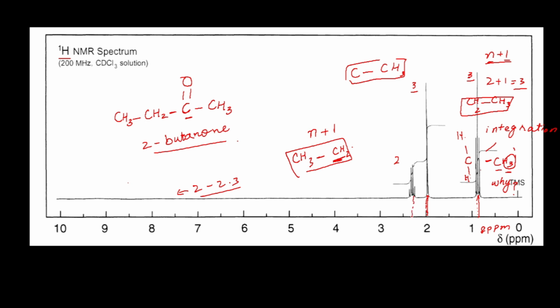Similarly, this also gives you the information in the range of 2.3 ppm. This also tells you that your CH2 group is in the vicinity of the carbonyl group. So like this you may still find this structure with just the proton NMR, even if you don't have the C13 NMR or the IR spectra.